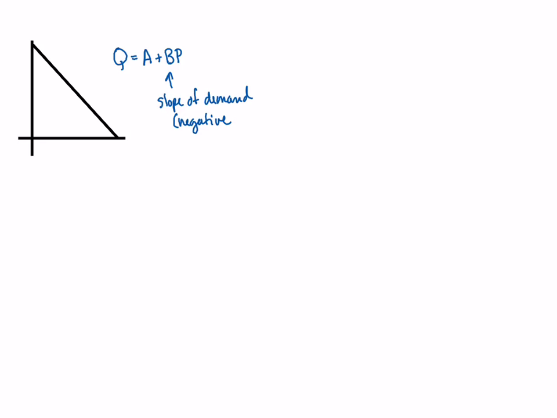Now, this is the demand curve, not the inverse demand curve, and what we have graphed over here is the inverse demand curve. To get the inverse demand curve, we want price by itself.